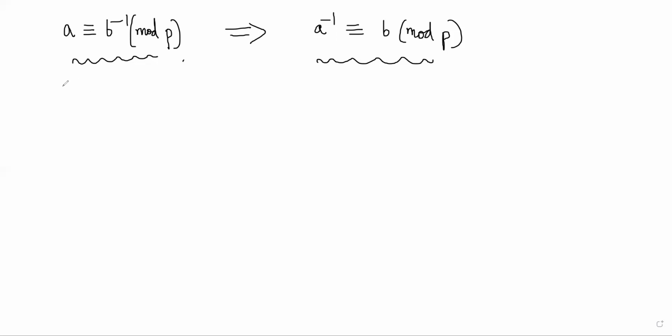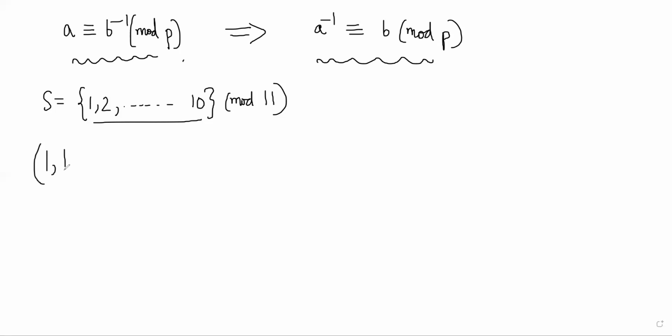Now let's look at an example. Say you have the set S, which is 1, 2, 3, 4 till 10 mod 11. In this set S, we can pair up the numbers which are inverses of each other. For example, 1 is the inverse of itself, because AX is congruent to 1 mod 11.